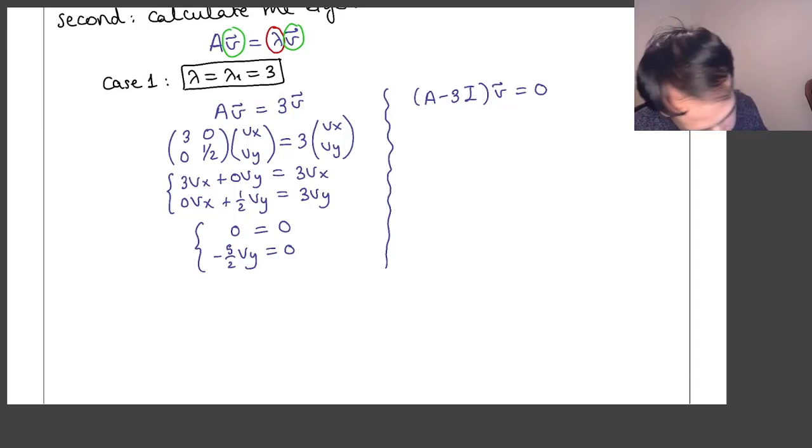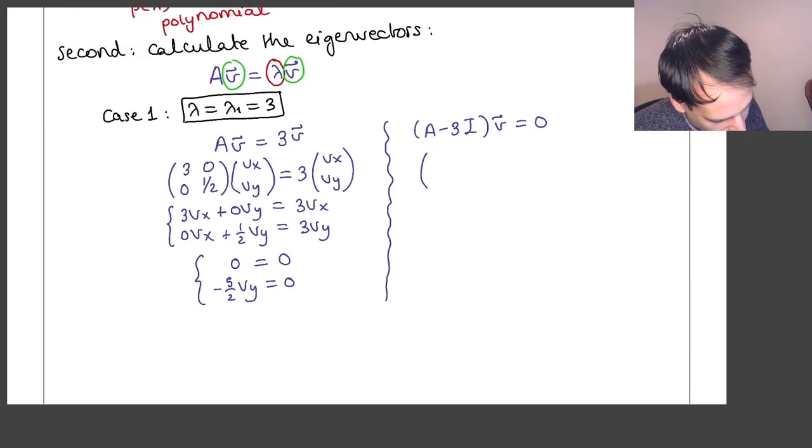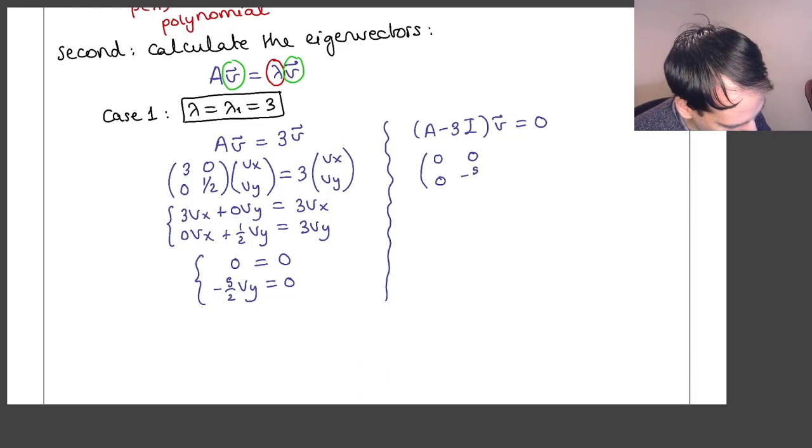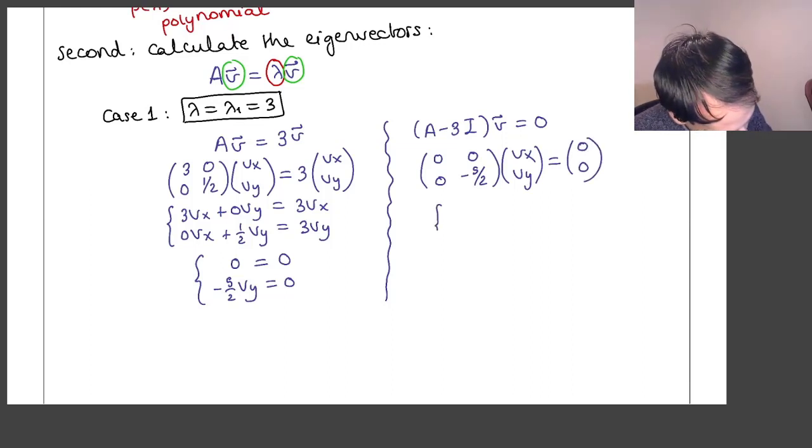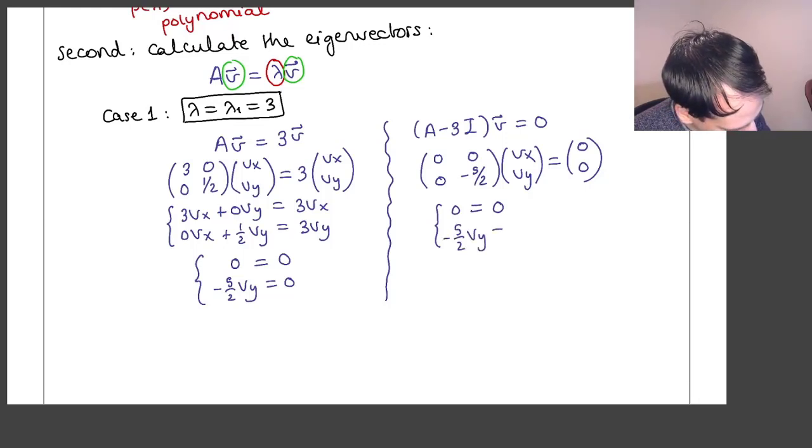But by doing it this way, now we can say A minus 3I. It will be 3 minus 3, 0, 0 minus 0, 0, and 1/2 minus 3, minus 5/2, times v, which is vx, vy, equals 0, 0, which gives you the equations 0 equals 0 and minus 5/2 vy equals 0.